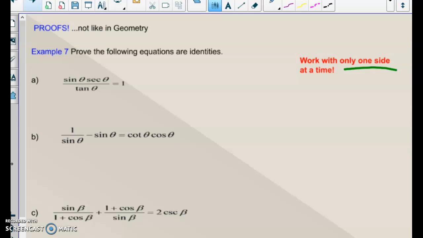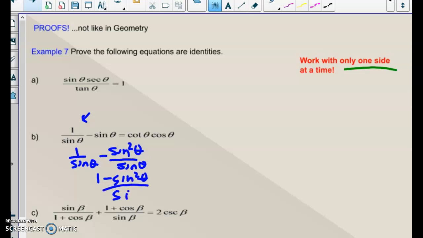So here we're going to do the common denominator. This is the messier side because there's a fraction. So I'm going to write 1 over sine. And then I'm going to write it as a common denominator, sine squared over sine. So I get the common denominator, which makes 1 minus the sine squared over sine. And we know that 1 minus sine squared is the same as cosine squared.